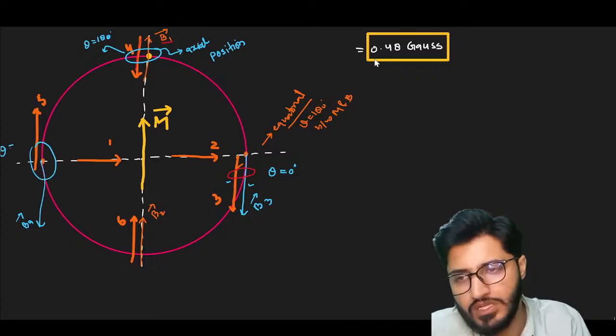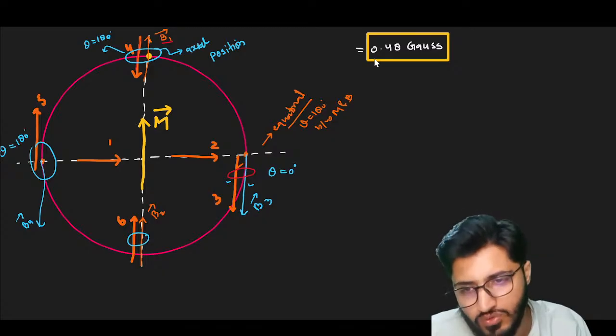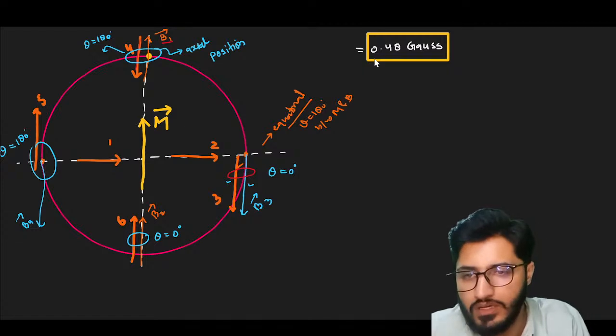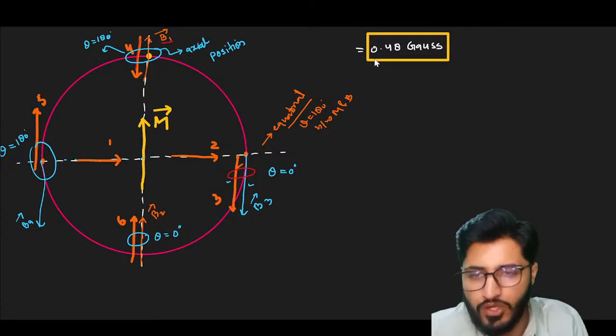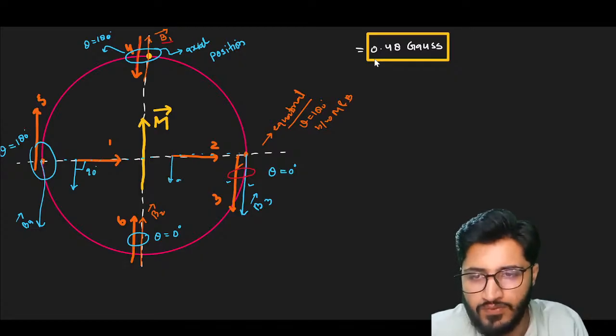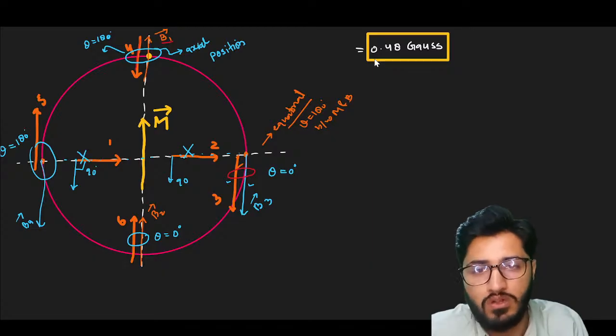These are opposite to each other. For these two, theta is 0 degrees. Any point on this particular line represents the equatorial position, so my B will be in this way, at 90 degrees. So for these two positions, there is no equilibrium at all.